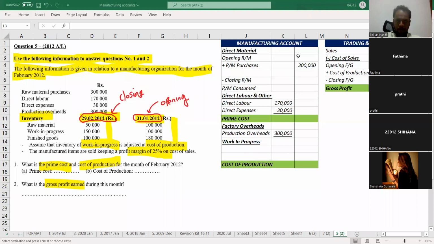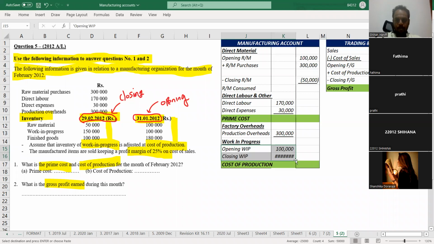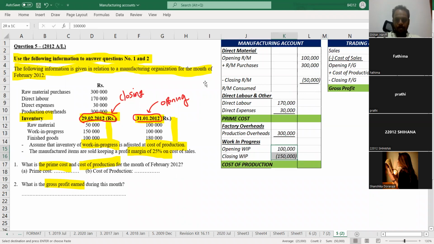Raw material opening 100,000. Raw material closing 50,000. Work in progress, opening 100,000, closing 150,000.